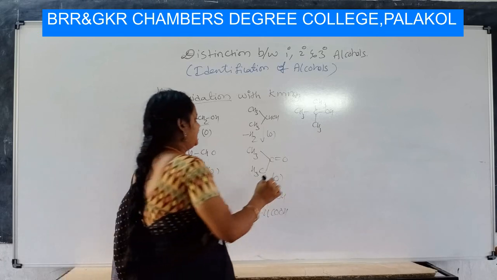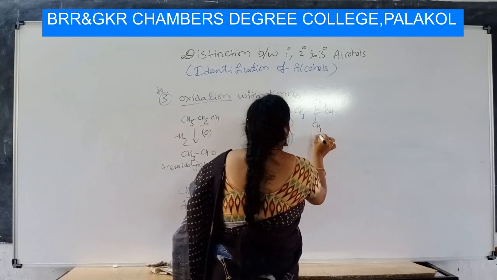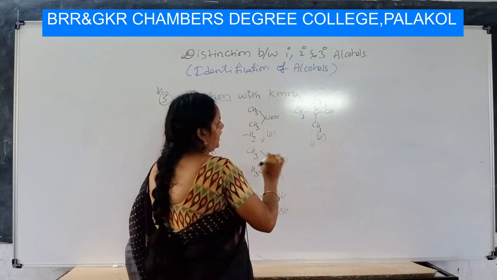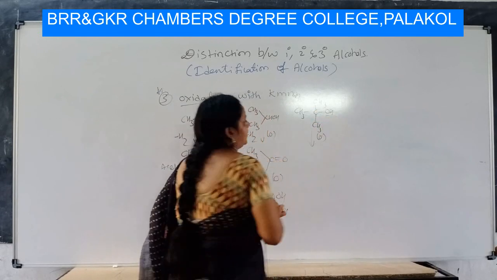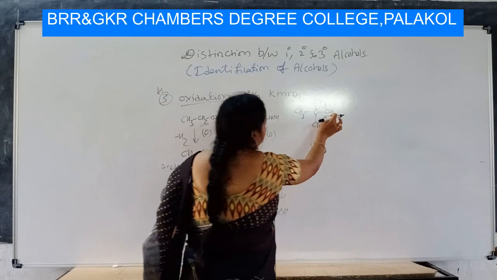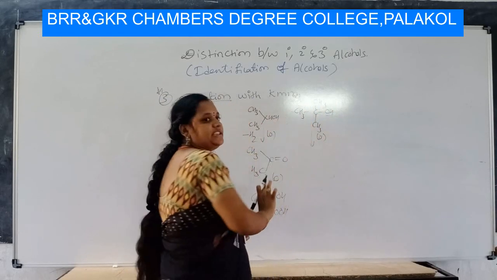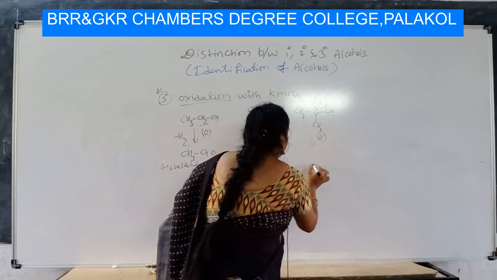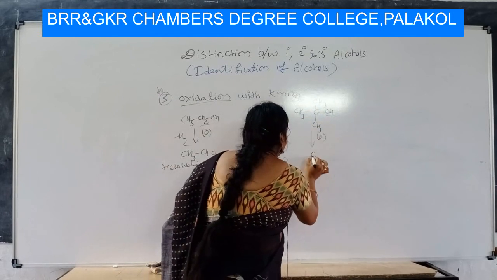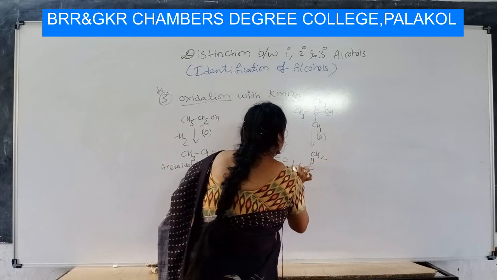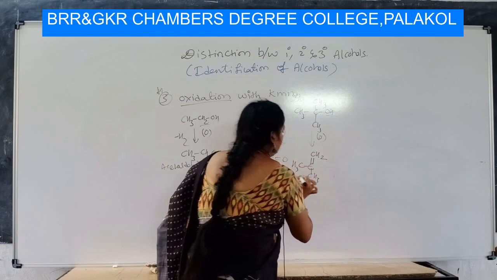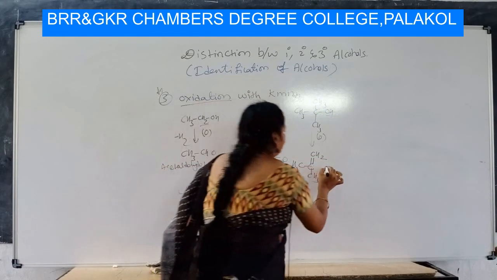formic acid. If you oxidize tertiary alcohol, what happens? First, elimination of a water molecule takes place. OH from here, and the H may be from any of the CH3 groups. So you will get C double bond CH2, CH3, CH3, 2-methyl propene.